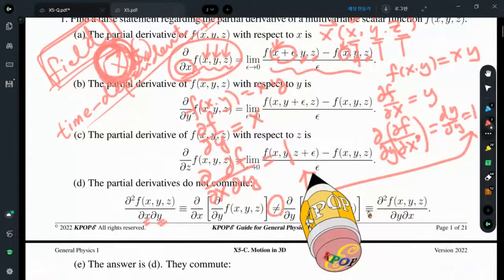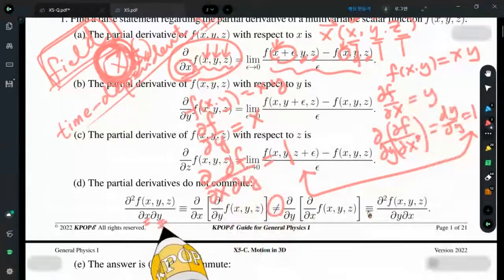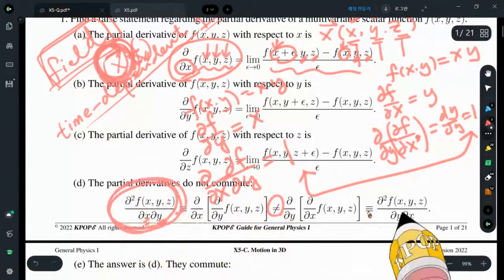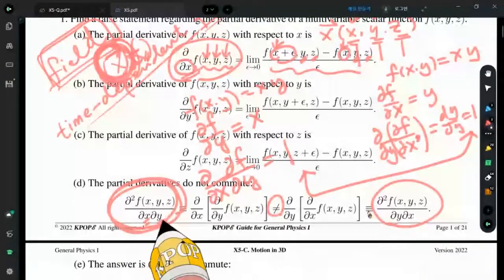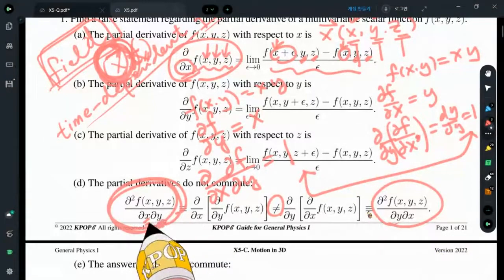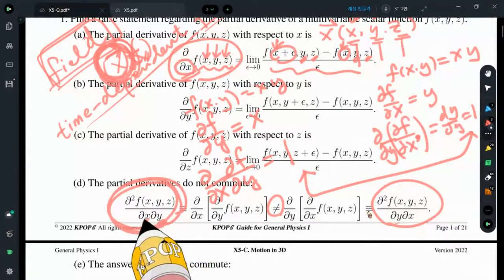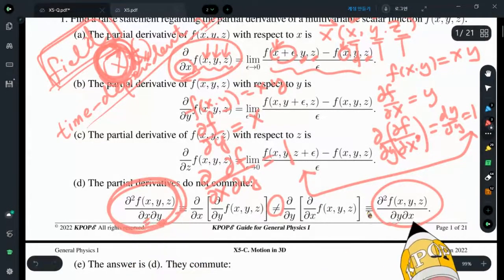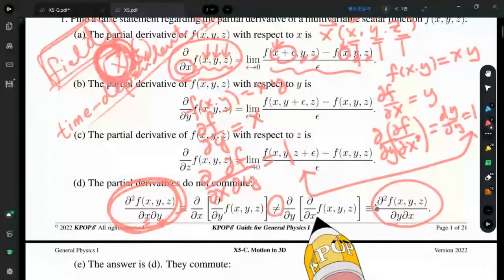If it is a differentiable function with respect to x and y both, in that case, this derivative and this derivative commute. It doesn't care about the order of derivative. Y first and then x next, x first then y, they are the same, remember.